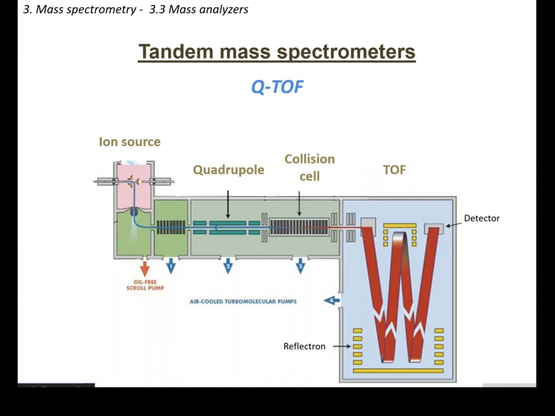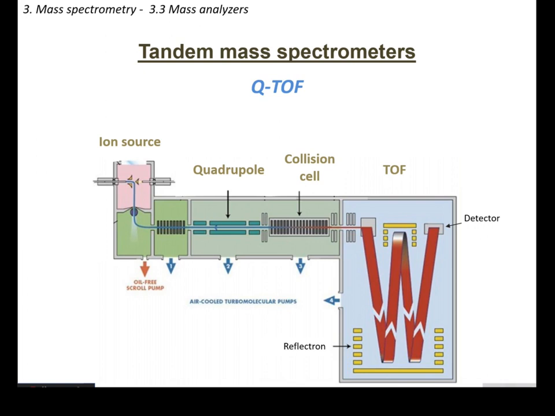So you have the ion source on the left, then the quadrupole to select a parent if you want, and then the collision cell to dissociate this parent, and then the TOF that will analyze the daughter ions with high resolution. Of course, all this device is maintained at low pressure, so under high vacuum.